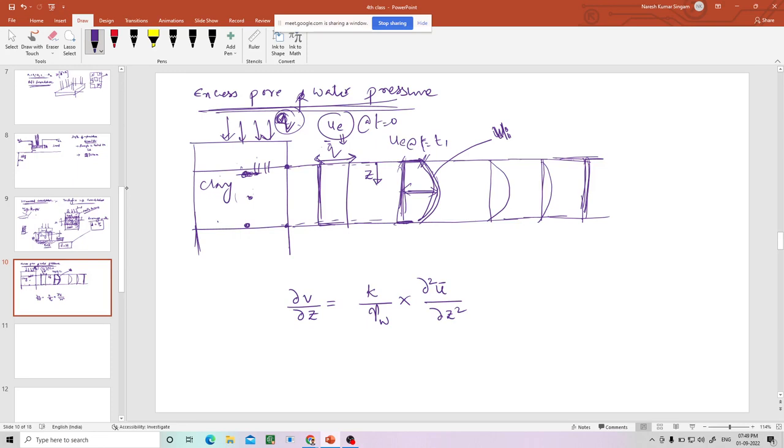So this is the differential equation which is derived from this concept.